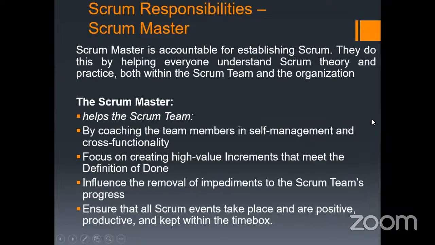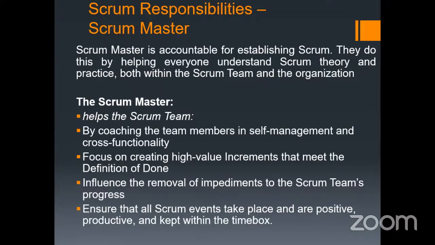So the next responsibility of Scrum is the Scrum Master. Now, what is the Scrum Master's accountability? Establishing the Scrum. Whatever we have discussed about Scrum, what the Scrum pillars are, what the Scrum values are, how Scrum works, what the Scrum framework is, the Scrum Master is accountable for giving the explanation about Scrum, its theory and practices, to everyone, the Scrum team as well as the organization.